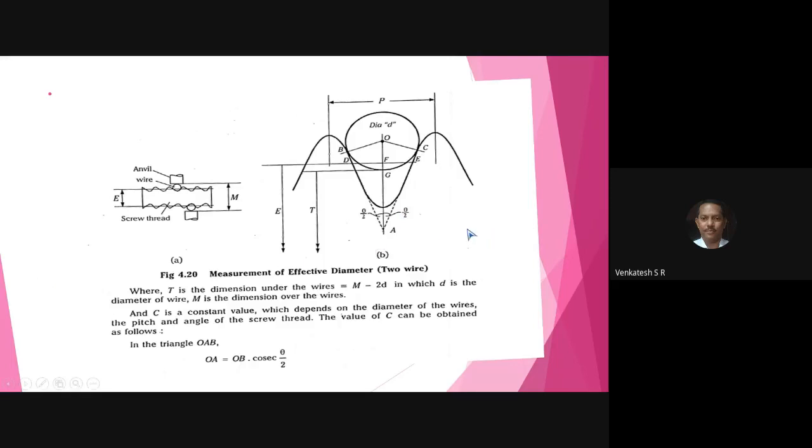For that reason, you have the equation OA equal to OB into cosecant theta by 2. All of you observe here. By substituting the values of diameter of the roller and the angle of the thread, you can measure the thread angle.